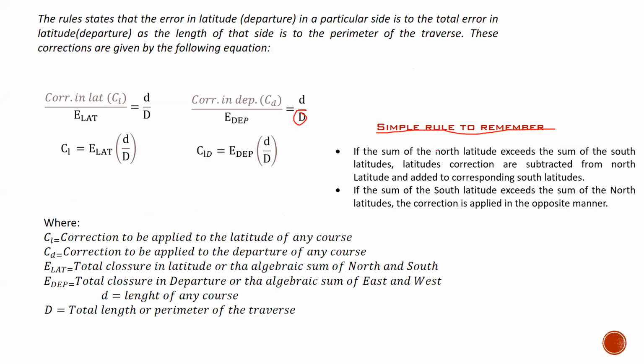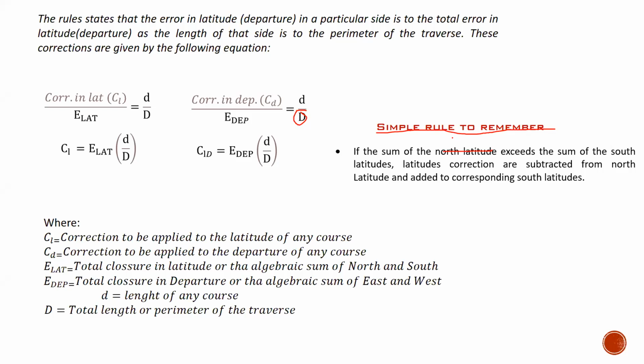So, if we will go back to our simple rules, papalitan lang natin ito ng east departure, and papalitan lang natin ng west departure. Same lang po yung pagko-correct natin. So, okay, if the sum of the east departure exceed the sum of the west departure, departure correction are subtracted from the east, positive kasi, and yung departure are added to corresponding west.